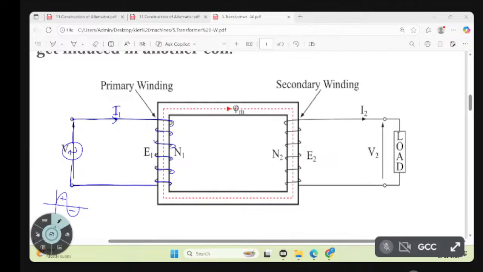The applied voltage is AC, so the current flowing in the primary winding is also AC. This is current, this is voltage, both AC. Now current I is flowing in the winding.